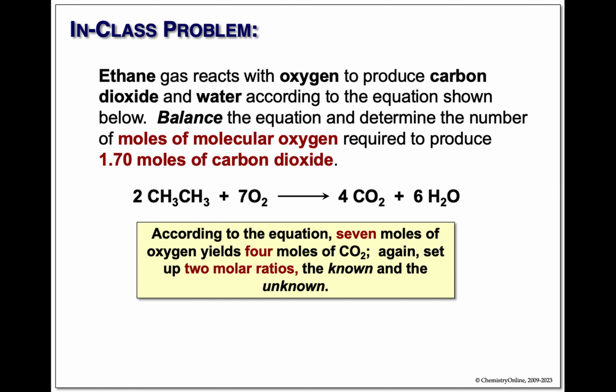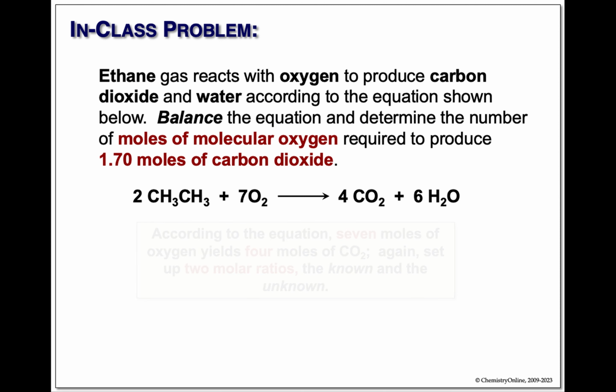Part 2, according to the problem here, we have a reaction, 7 moles of oxygen gives 4 moles of CO2. So we're linking oxygen and CO2. CO2 is going to be our given, so we'll put that in our denominator, and there we are.